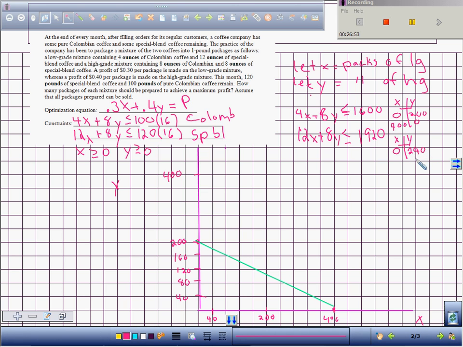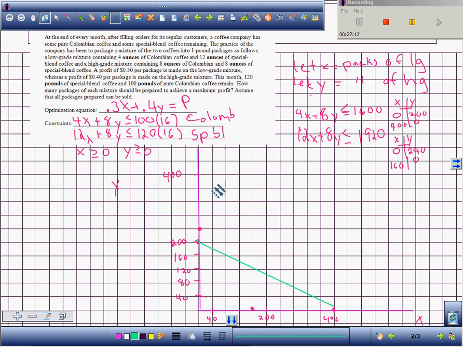And when y is 0, x is how much? 160. Okay, so for this next equation, I have 0, 240, which conveniently fits right on my scale, and 160, 0, which goes over here, okay? And then I'm going to graph that one, which goes down like that, okay?